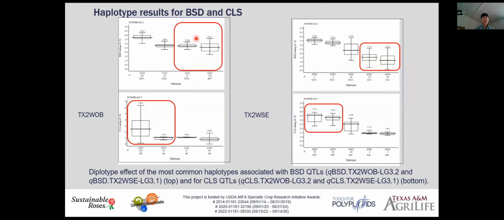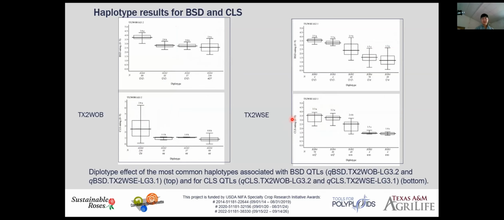These up here are black spot, and this is Cercospora. So the haplotypes that had lower black spot had higher Cercospora, and for the other population, these that are circled and these that are circled are the same haplotypes. When you had lower black spot, you had higher Cercospora.